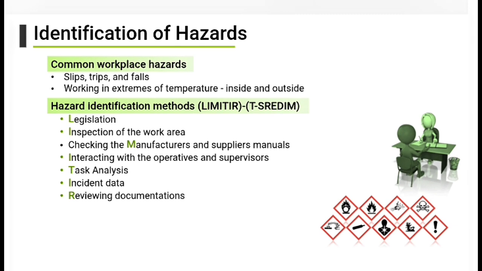This includes consulting relevant legislation, inspecting the work area, checking manufacturers' and suppliers' manuals, engaging with workers and supervisors, conducting task analyses, reviewing incident data, and thoroughly examining documentation related to the workplace. This initial phase sets the foundation for a comprehensive risk assessment process.